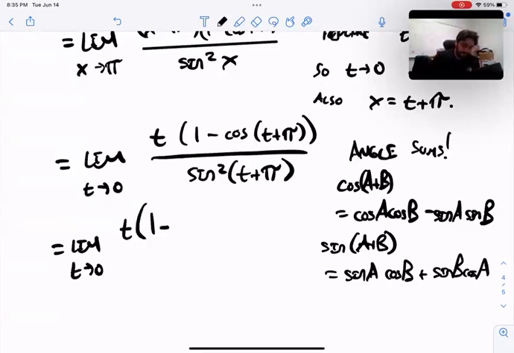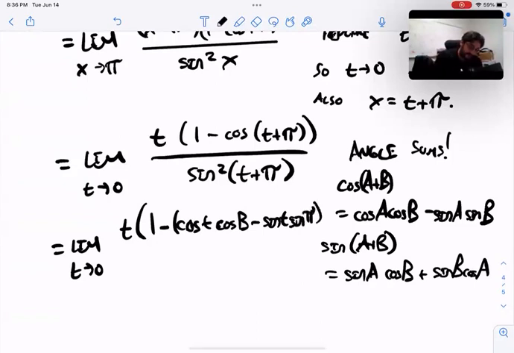And what would I get? Here I'd have cosine A, which is t, cosine B, minus sine A sine B, which is pi.